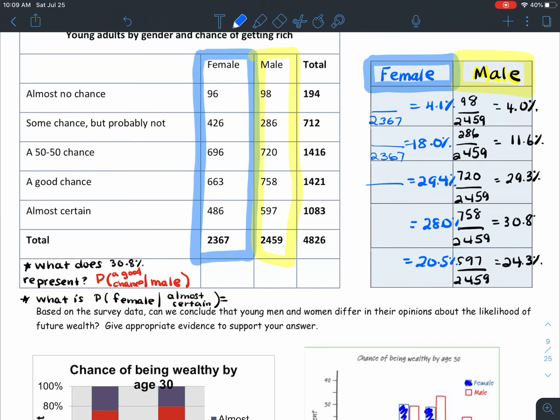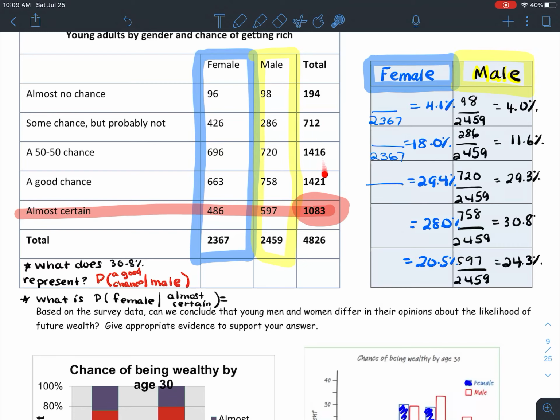Okay, so the question is, what would be the probability? Now you're going to have to be careful about this because this is something different. This is a conditional probability, but look at what this says. Remember, this vertical bar is read as given that. So this is saying, what's the probability given that someone answered almost certain? Well, almost certain is talking about all of these people right here.